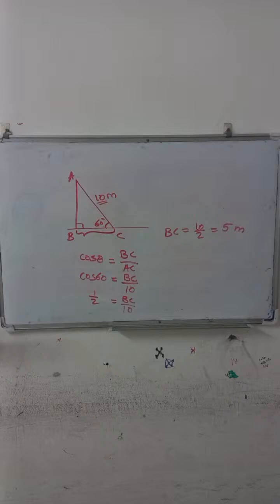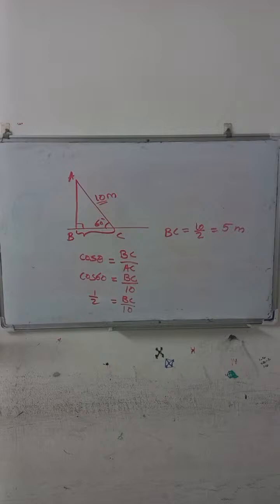First option 5 root 2 meter. B, 10 root 2 meter. C, 15 meters. D, 20 meters. So read the question carefully.